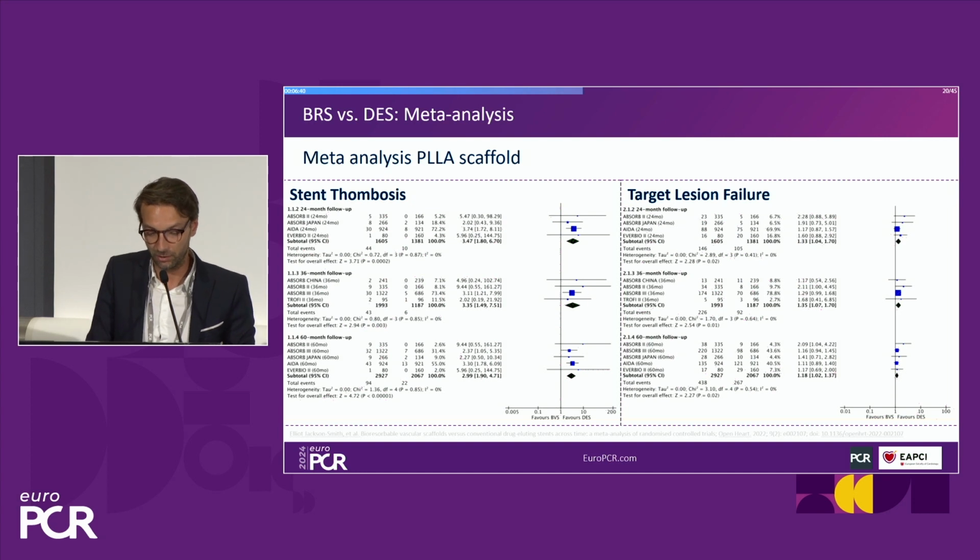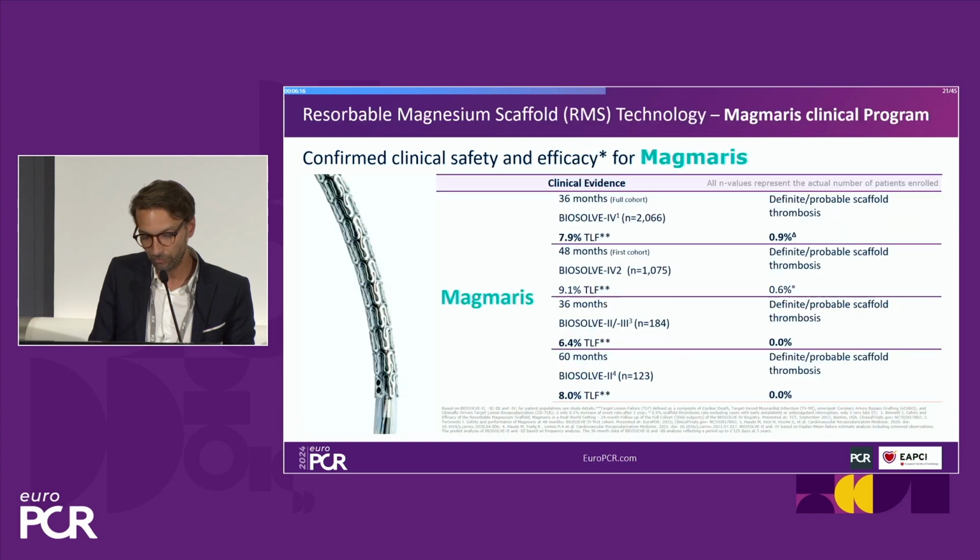But still, the technology was hard to get there and was not as mature as stents. The most evaluated is the poly-L-lactic acid, on top of the list the Abbott Absorb scaffold. And in this recent meta-analysis, it was not safe enough, with more stent thrombosis and target lesion failure.